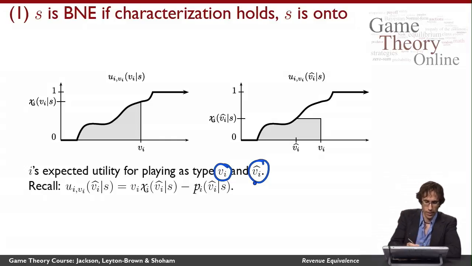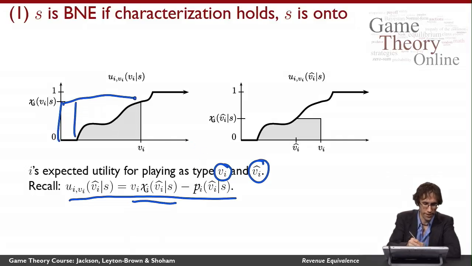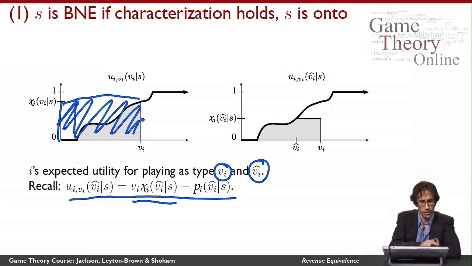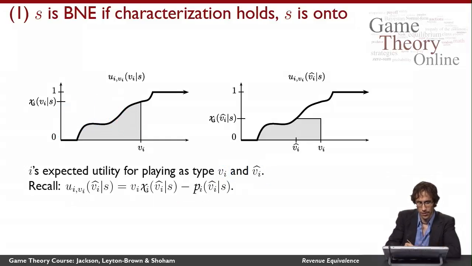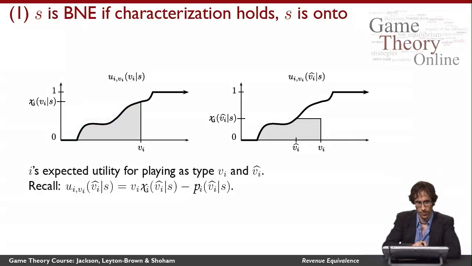Remember that the expression for this expected utility is simply the value for consuming the good, which, as we saw before, is the rectangle, minus the payment identity, which, as we saw before, is the part of the rectangle that lives above the line. And so this difference then is the area that lies below the line. So that's the amount of utility that the agent would get.